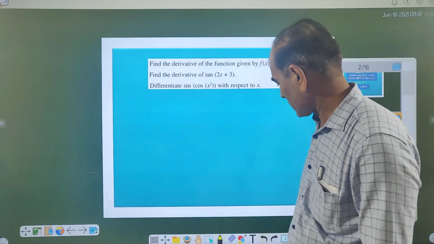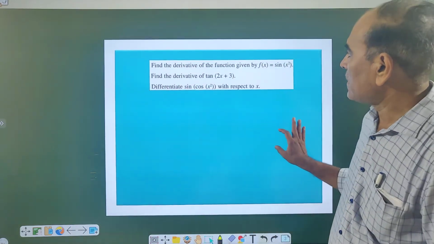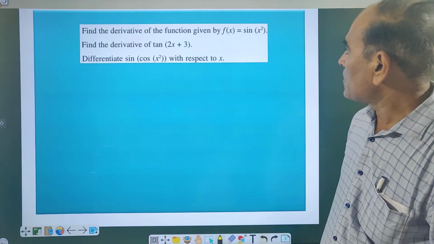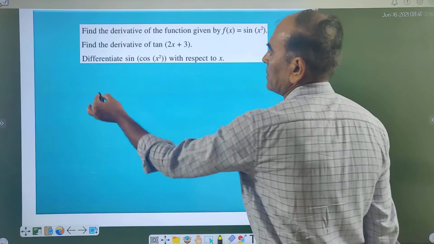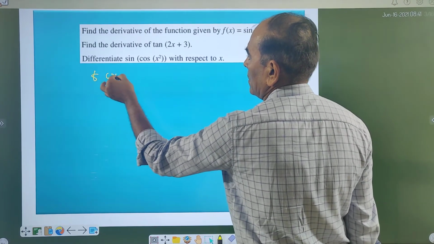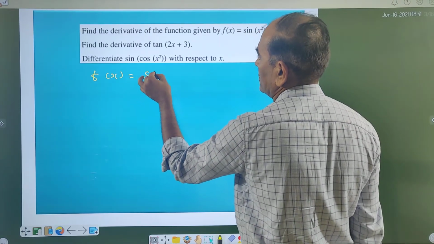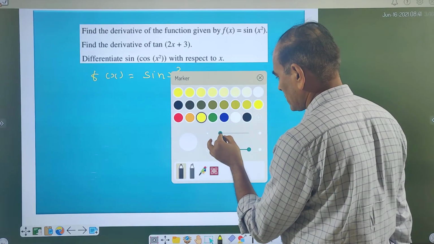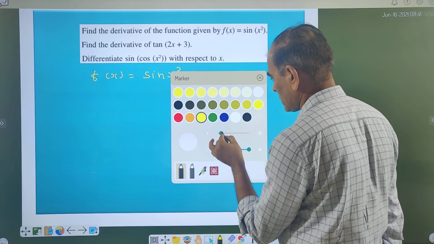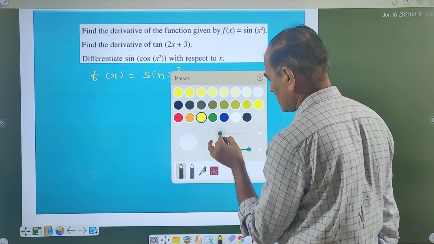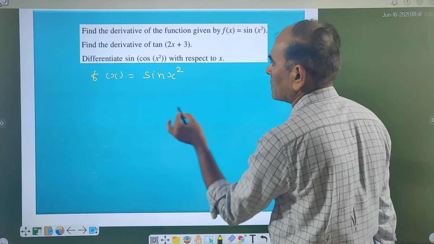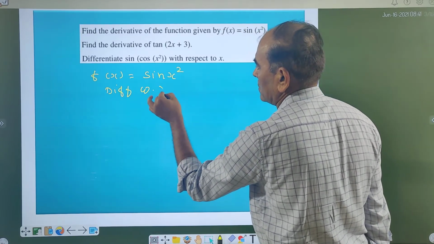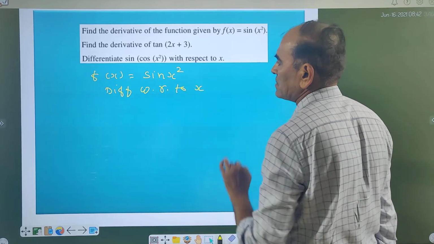Now see here. Find the derivative of the function given by f of x is equal to sine x squared. Differentiate with respect to x.